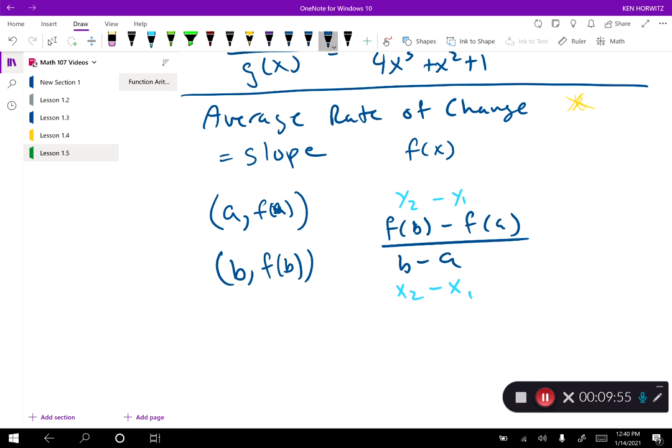All right, so I'd like to try an example and show you what I mean about some basic problems dealing with average rate of change.